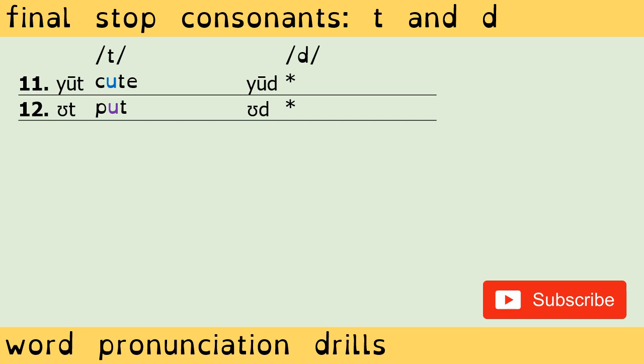If you have a good ear for sounds, maybe you heard ood and thought of words like good and hood. Those words will be presented when we cover words with the vowel pair OO. That is a different lesson.